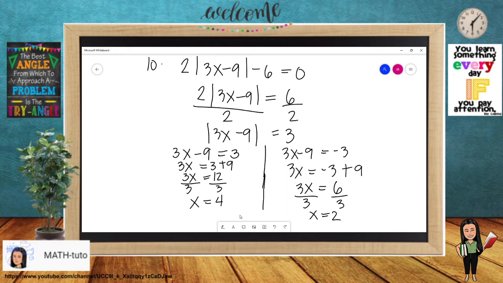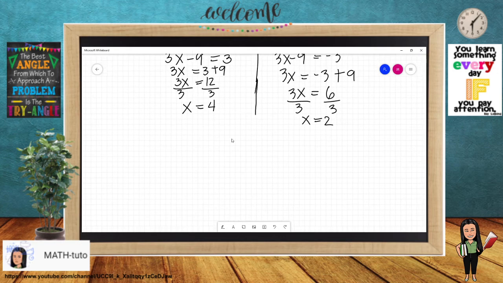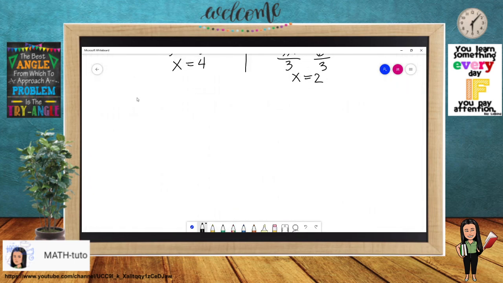Sige, let's continue. Absolute value of x plus 2 all over 4 equal to 8.